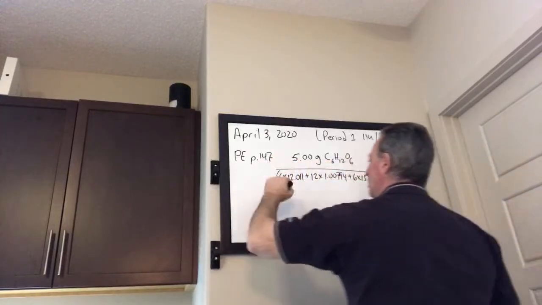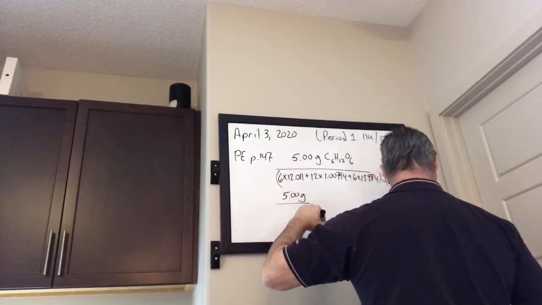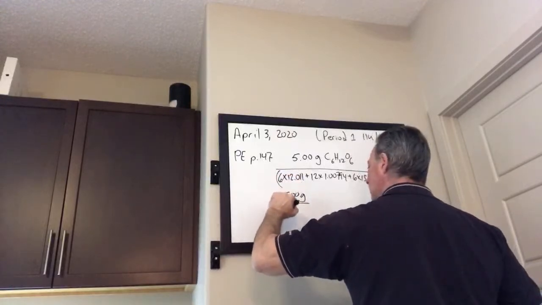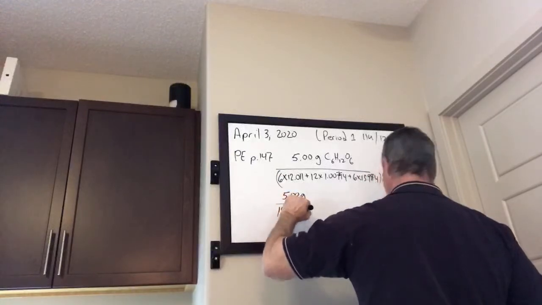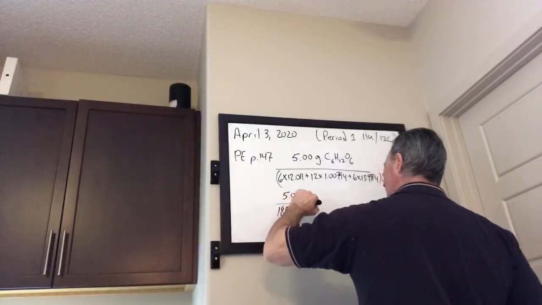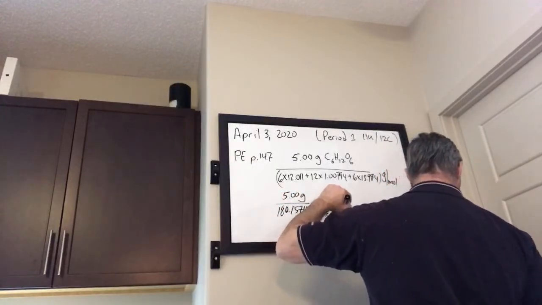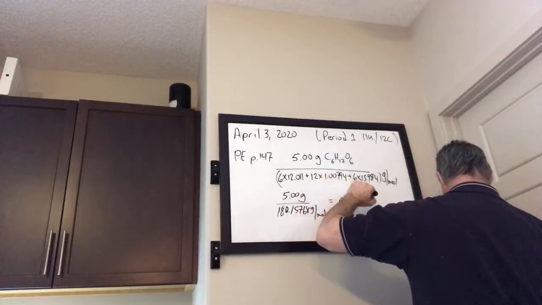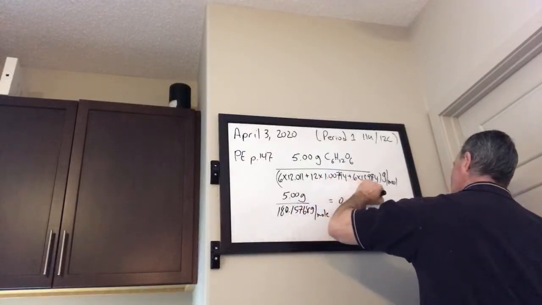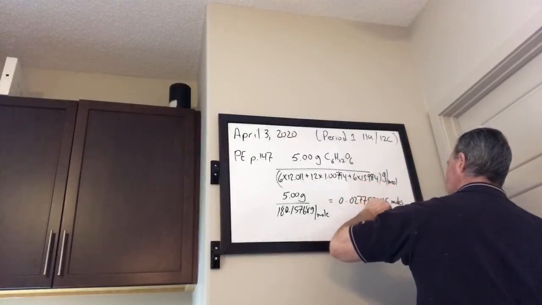So that gives you 5.0 grams over 180.15768 grams per mole, or 0.02775 moles of C6H12O6.